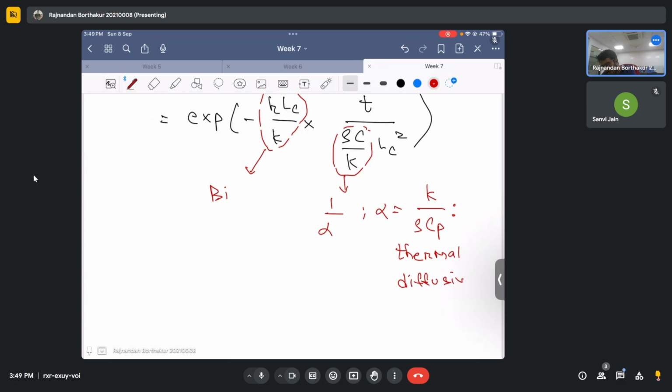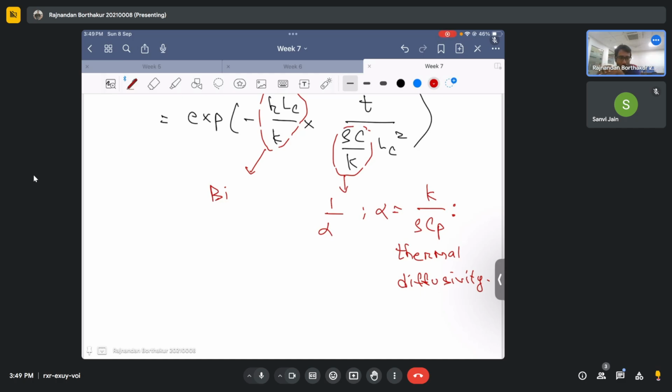Just like momentum diffusivity, which we studied in fluid mechanics, it is analogous to the momentum diffusivity in heat transfer. We use thermal diffusivity. Just like the momentum diffusivity, which we generally denote as nu, with a unit of meter square per second, thermal diffusivity has also the same unit of meter square per second.